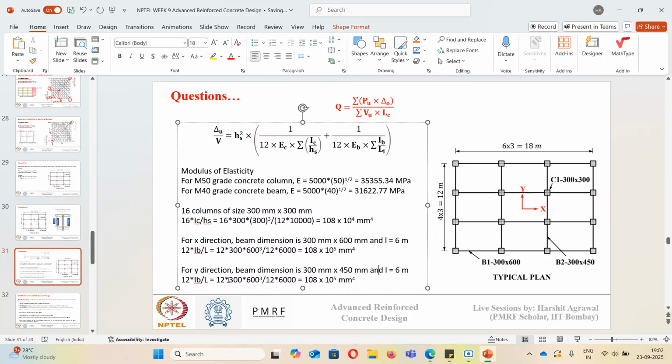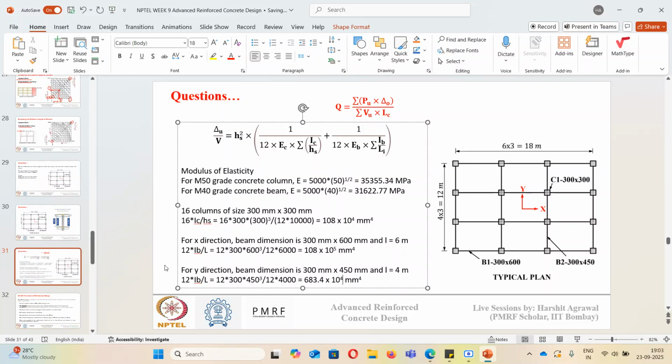Length of the beam is 4 meter instead of 6 meter, and the number of beams is 12. So 12 into IB, that is 300 into 450 cube by 12, divided by this length. So the length is, instead of 6000, we need to write 4000 this time. So this calculation will come out to be 683.4 into 10 to the power 4 mm to the power 4.